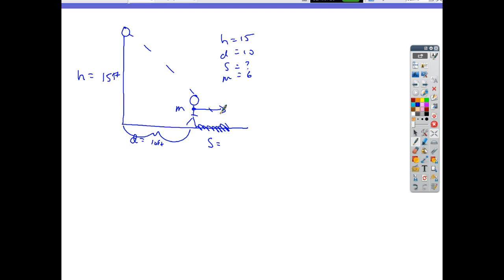By him walking away from the pole, he's increasing the S. So when I walk away from a pole, I'm increasing my distance from the pole, and I'm increasing my shadow length. You're doing both.